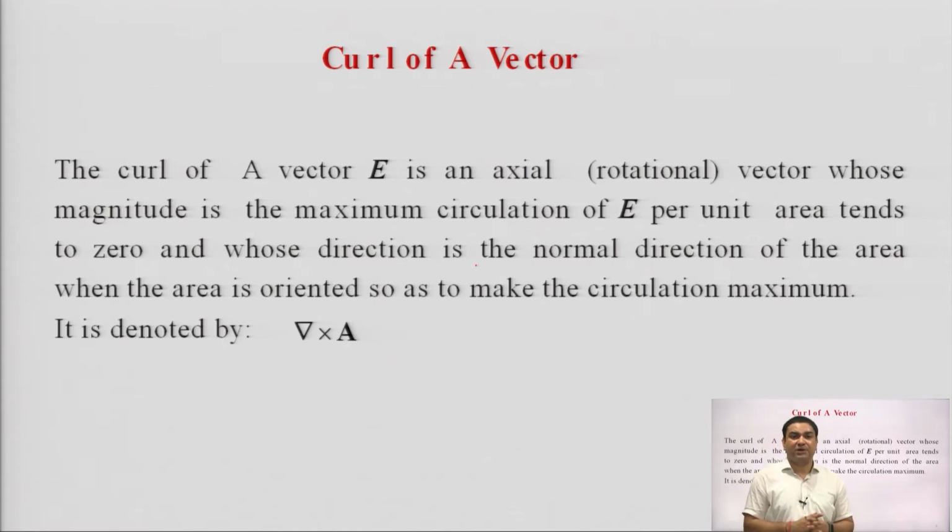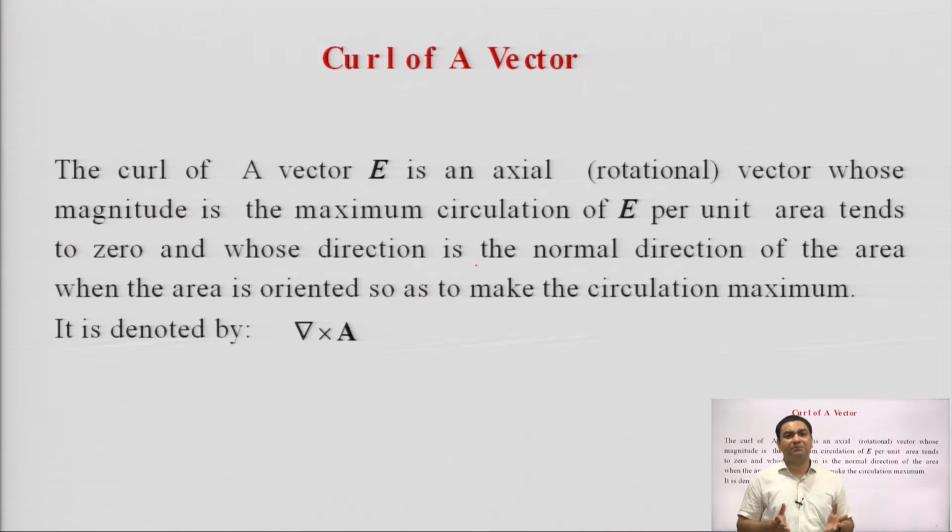circulation. So, we can also justify this curl of a vector like that it is an axial or rotational vector whose magnitude is the maximum circulation of E per unit area, which tends to 0, and whose direction is the normal direction of the area when the area is oriented so as to make the circulation maximum.